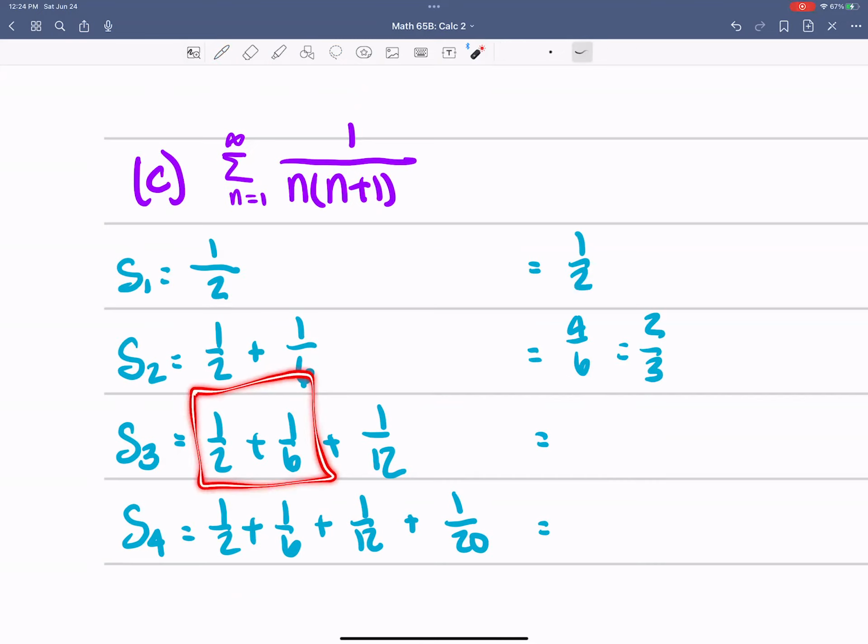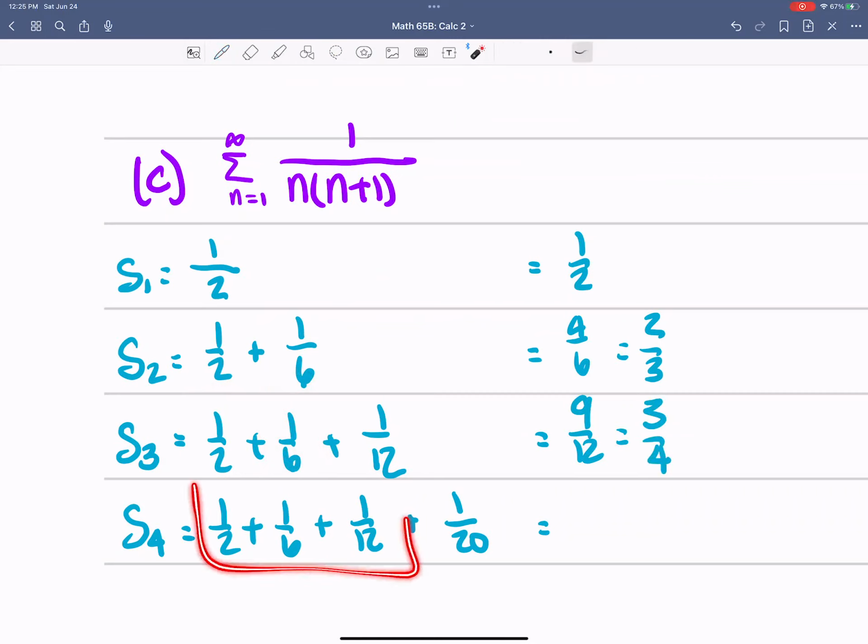We know this is 2/3, so we can multiply both top and bottom by 4, 8/12, plus 1/12, 9/12, which simplifies to 3/4. We know this whole thing is 3/4, so we multiply by 5, 15/20 plus 1/20, 16/20, which simplifies to 4/5.